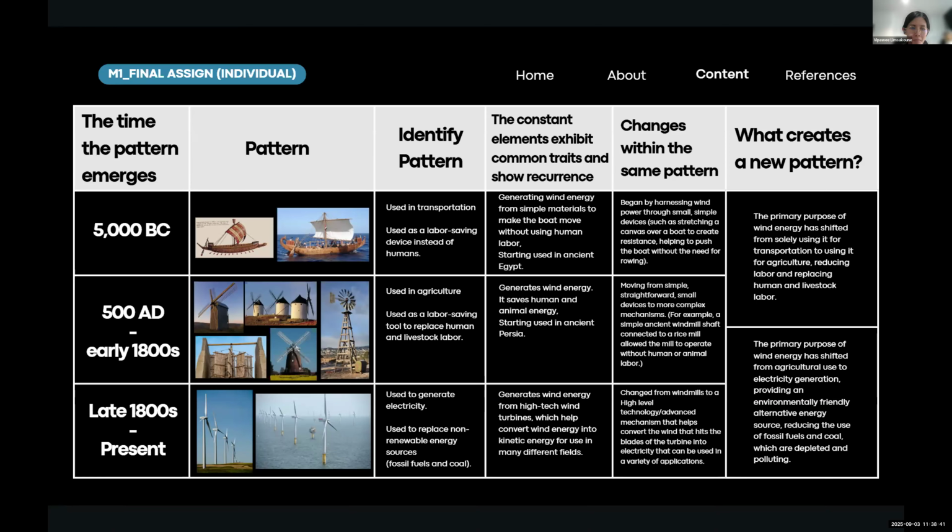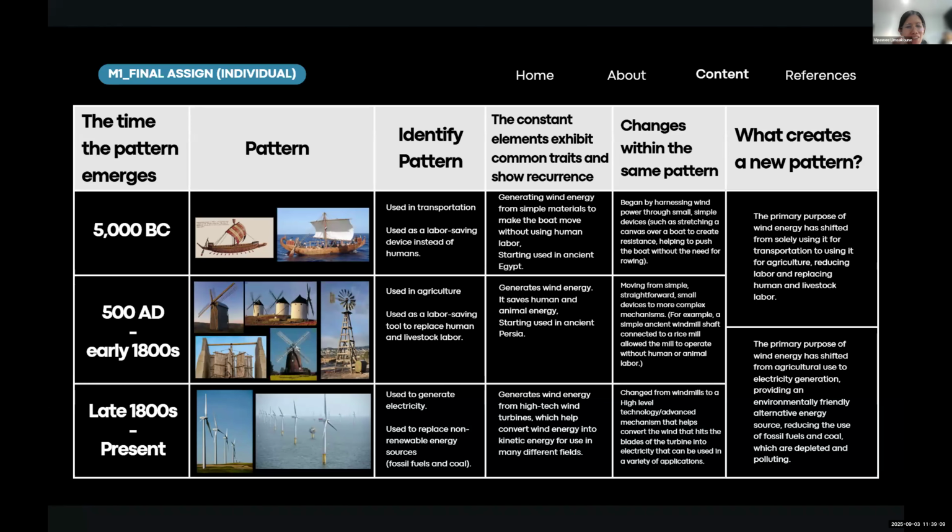My comment would be about, for example, pattern 3. You have photos of the windmill on the land and also on the ocean, and then you mention the chain within the same pattern. It helps convert wind, you mentioned the mechanism of it, and the increase in technology.